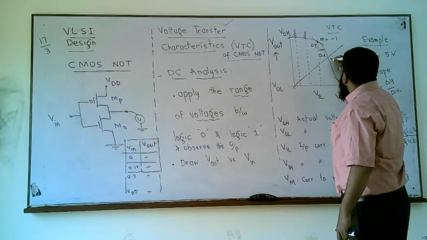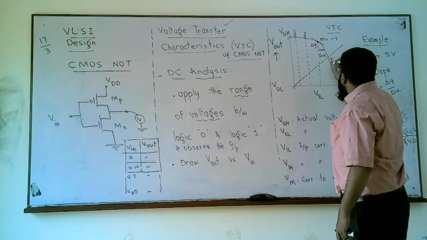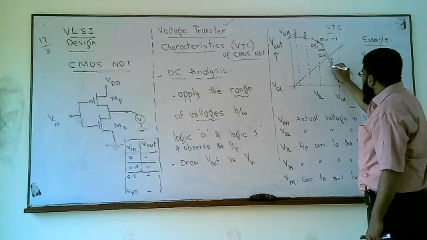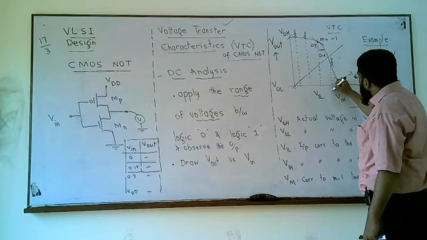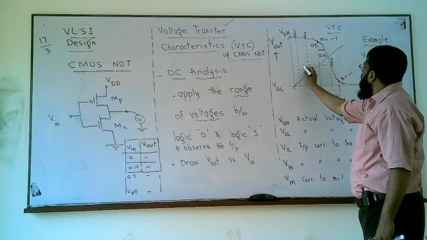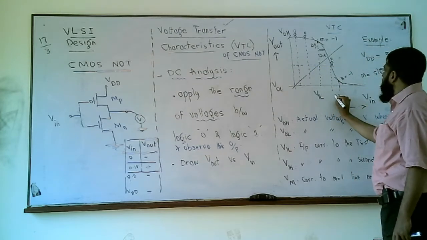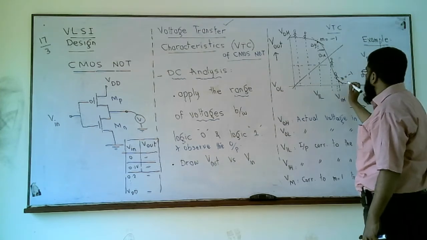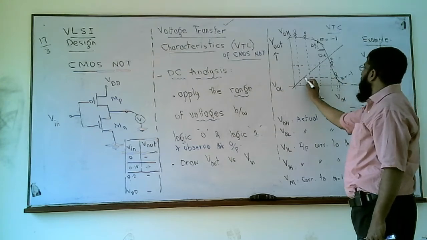And if you keep on walking, even at the steepest point on this curve, although it is difficult, at this point your output voltage is smaller compared to your input. Your input voltage is higher. At this point, of course, your input voltage is very high compared to your output voltage.